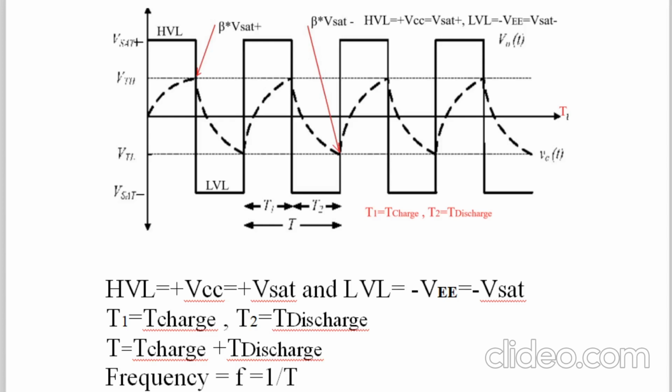Here we have taken 6 volt because our beta is half and plus VCC is 12 volt. You can change the beta, and the voltage to which the capacitor is charged can change. If it is less, the capacitor will charge fast. If it is more, the capacitor will charge slowly, meaning it will take more time to reach that high voltage. So in this way, 4 factors are important.